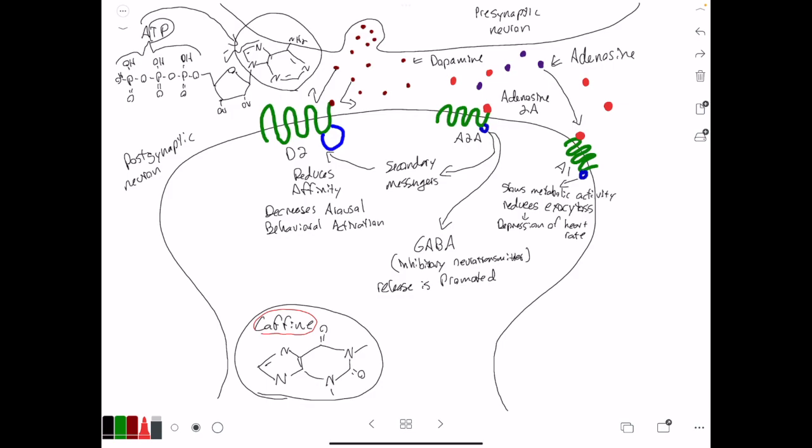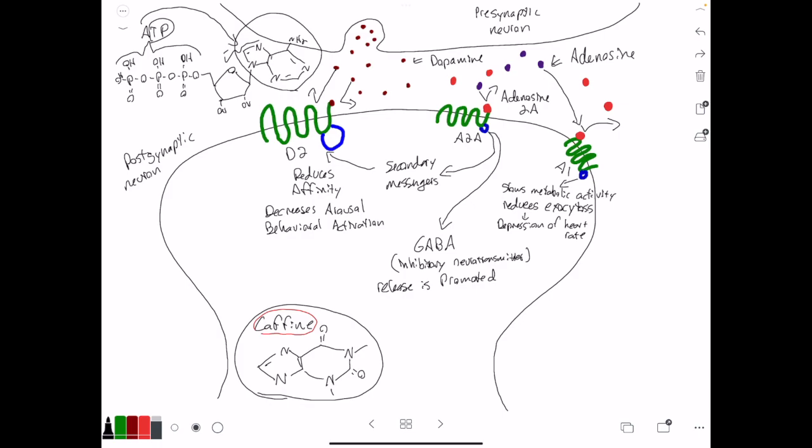And caffeine binds to A2A and A1. It does not let adenosine bind. So adenosine will try to bind, but it will be rejected. And though caffeine binds to it, it does not activate, right?